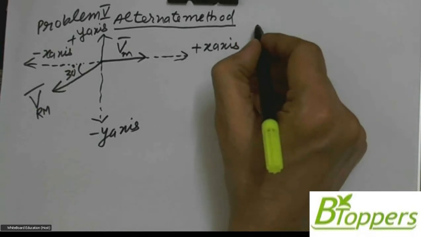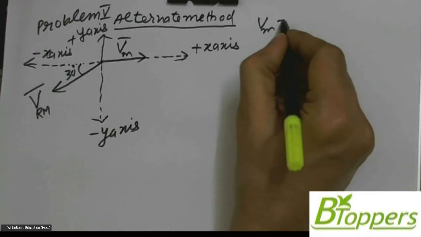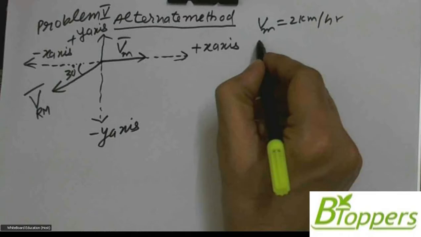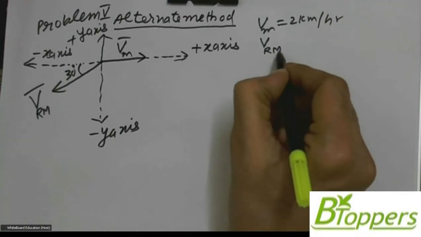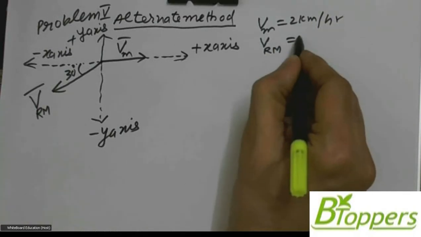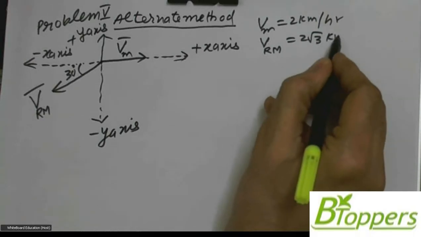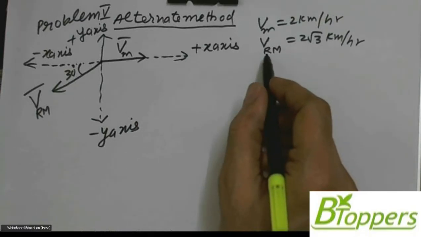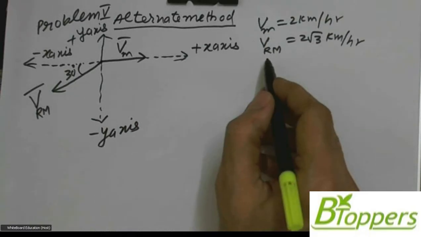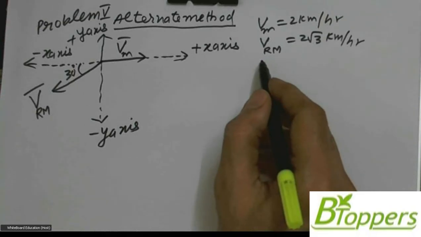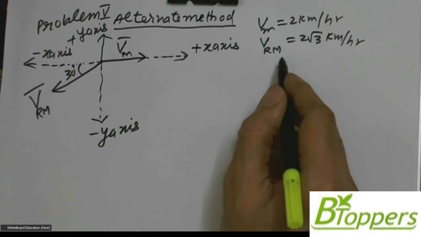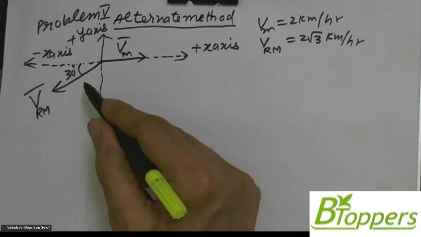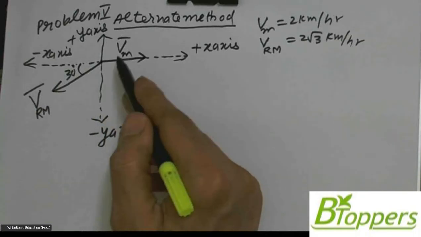We are given the magnitude of the velocity of the man as 2 km per hour. And the magnitude of the relative velocity of the rain with respect to the man is 2√3 km per hour. V subscript Rm represents, without the bar symbol, the magnitude of the relative velocity of raindrops with respect to the man. That is at an angle of 30 degrees with the horizontal from the front.